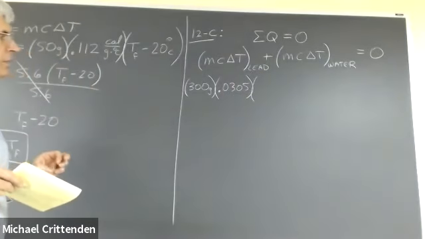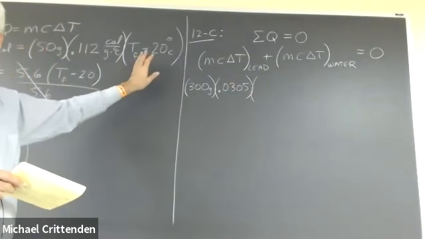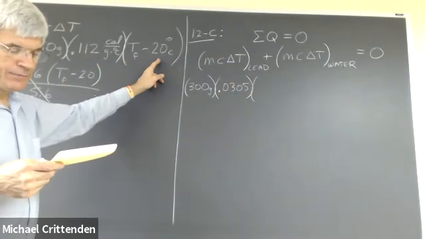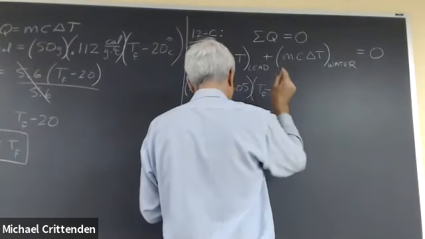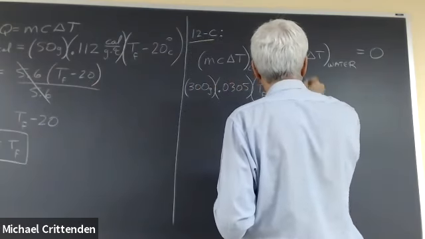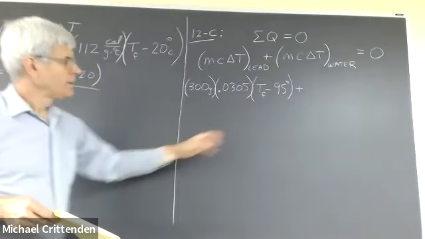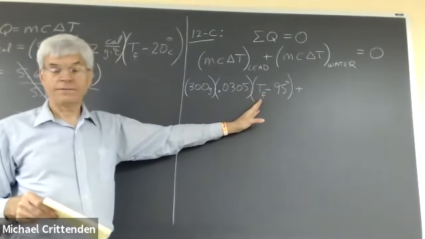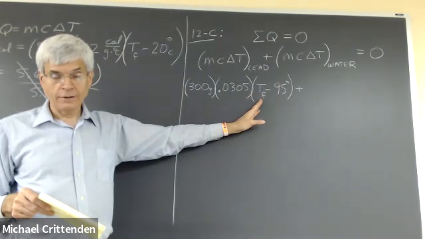A little more than 0.03. Delta T, well, just like I did before, T final minus T initial. It started out at 95 degrees. The temperature where it ends up is what we're looking for.